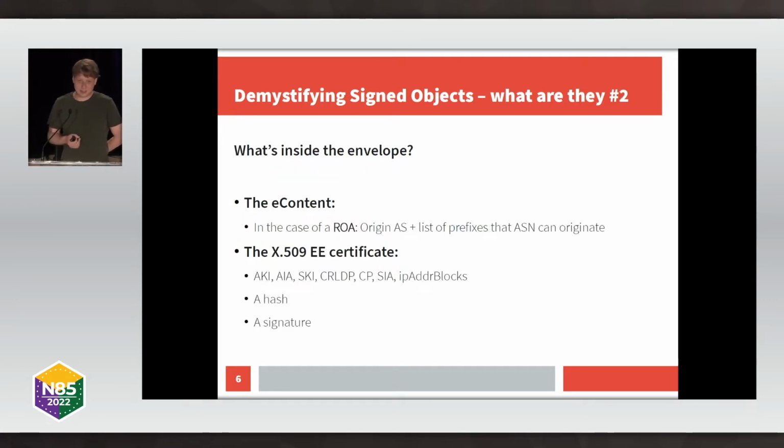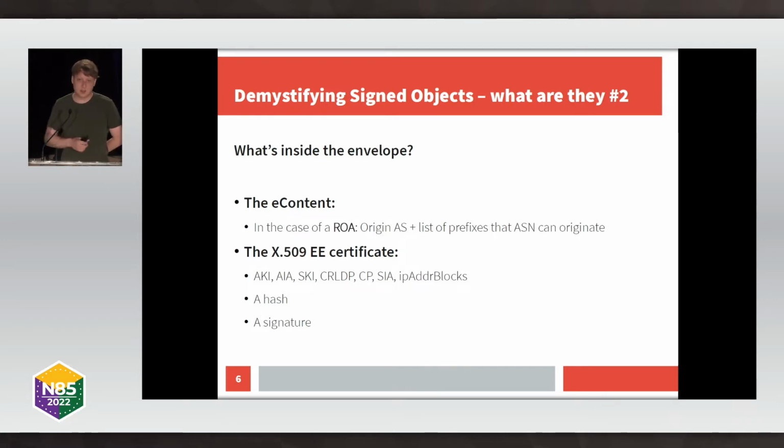Inside the envelope, there are two major components. There's the so-called eContent, or encapsulated content, and that's the payload of an RPKI signed object. So for instance, in the case of a ROA, the payload is a single ASN that is authorized to originate a set of prefixes, and additionally, a set of one or more prefixes is listed. And those together form the payload.